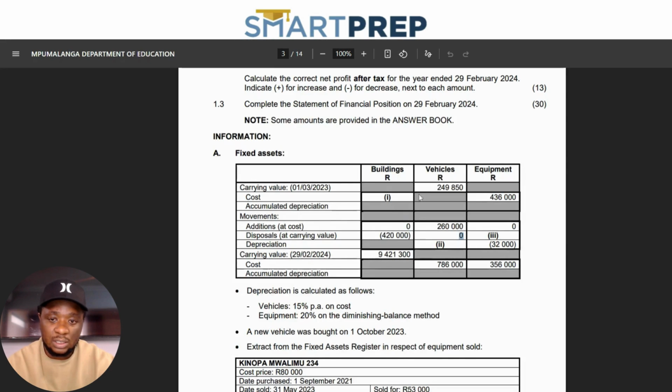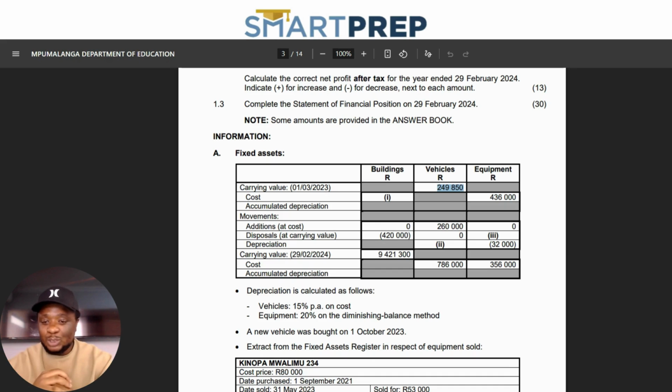But then the old vehicles, we have a carrying value. So we have a carrying value for the old vehicles, but we don't have the cost, but we need the cost to calculate. Well, the way in which we would work out the cost is pretty, well, I don't want to say easy, but it is easy maybe for me. Okay.